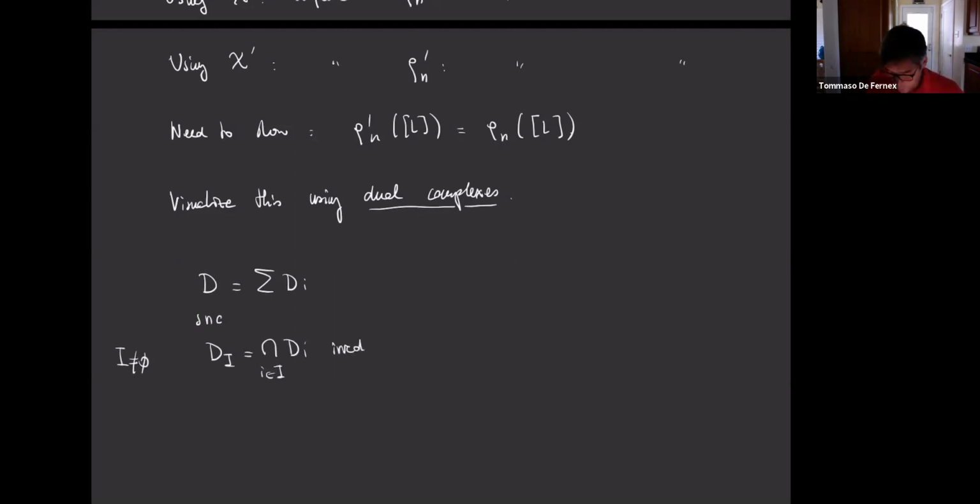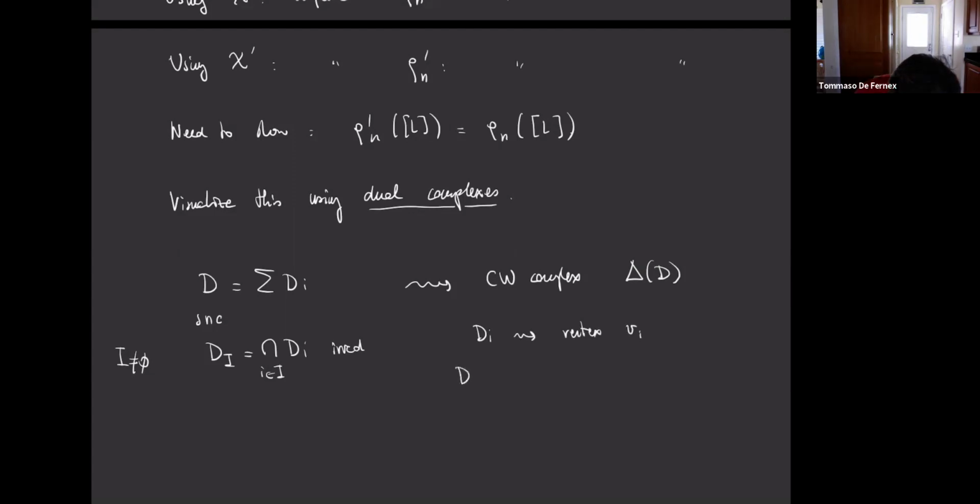Okay, so how do you construct a dual complex? I want to associate a CW complex, which is denoted by delta D, which is defined as follows. So every Di, every irreducible component, will define a vertex Vi. So abstractly, I put a vertex for each component.